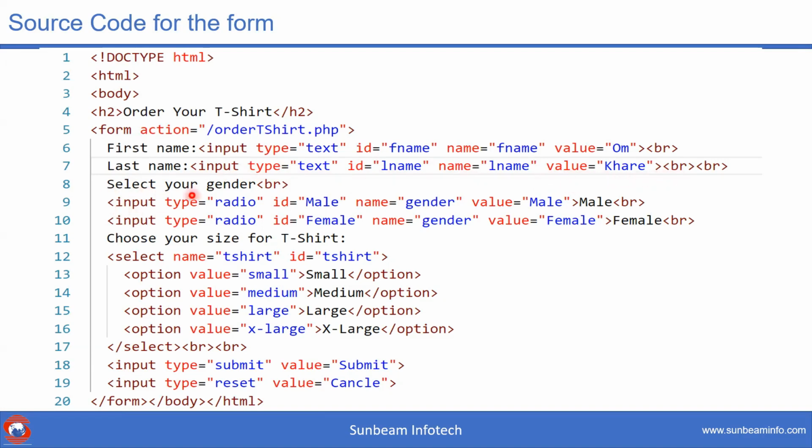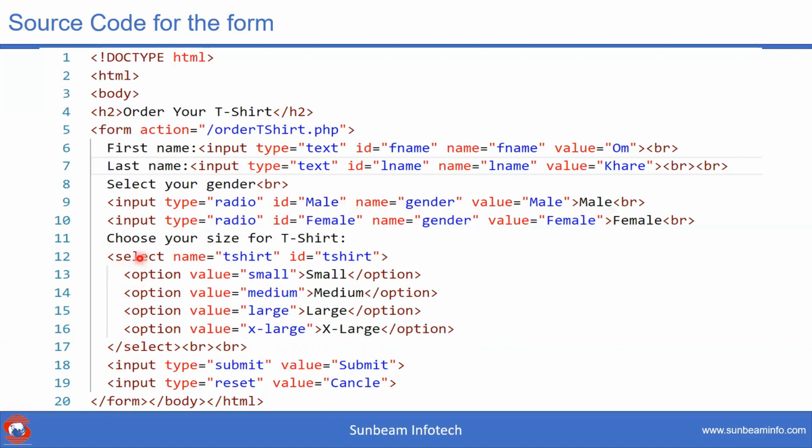Again, select your gender. For this scenario I need to have a radio button because only one option needs to be selected. So for gender, you could select either male or female. Now for the drop-down menu, what I have done is I have used the select tag.